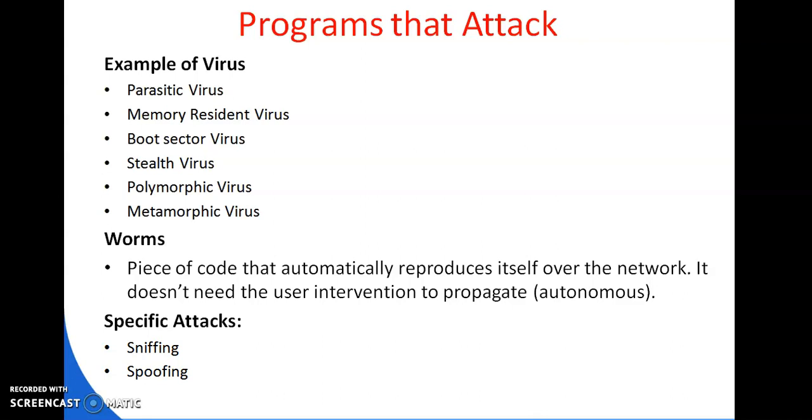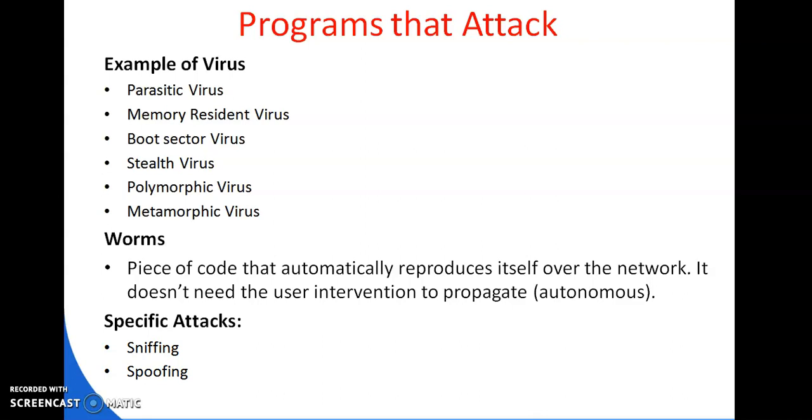Next, the worm. What do we mean by a worm? A worm is a piece of code that automatically reproduces itself over the network, and it does not need user intervention to propagate. It is autonomous, because it can propagate itself automatically.